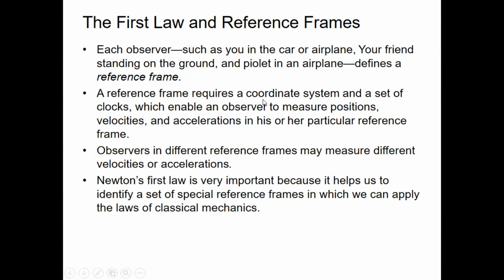The reference frame requires a coordinate system and a set of clocks that enable the observer to measure the position, velocity, acceleration, and time in his particular reference frame. Observers in different reference frames will measure different velocities and accelerations.